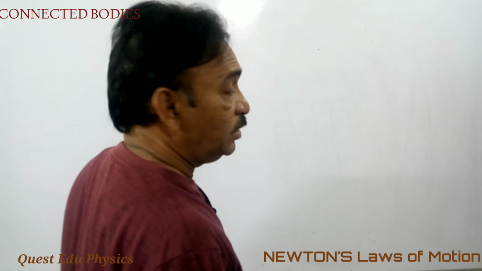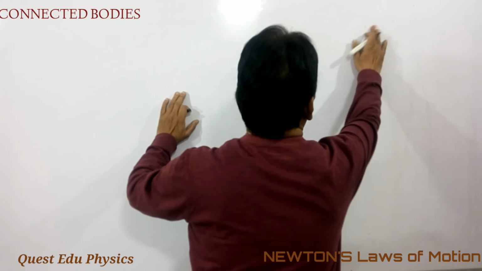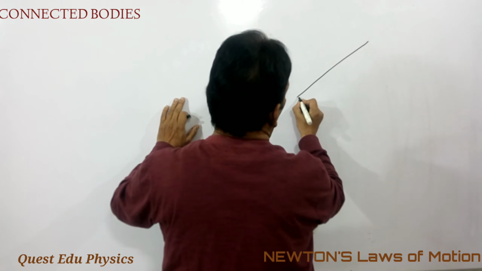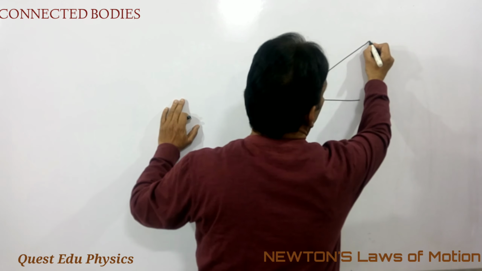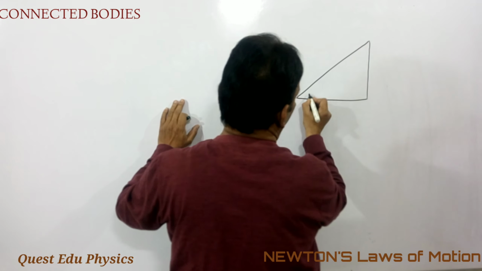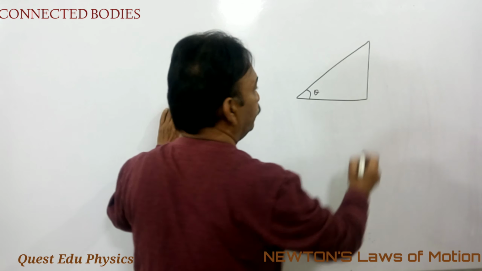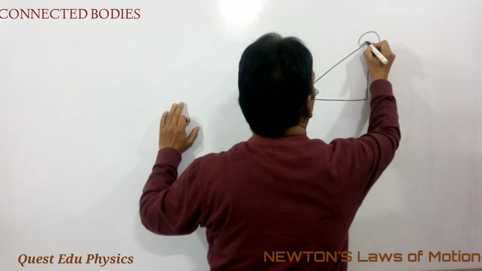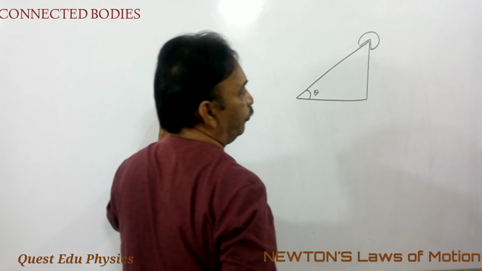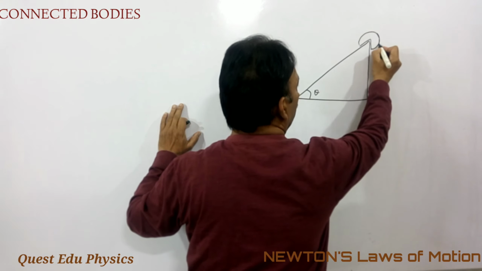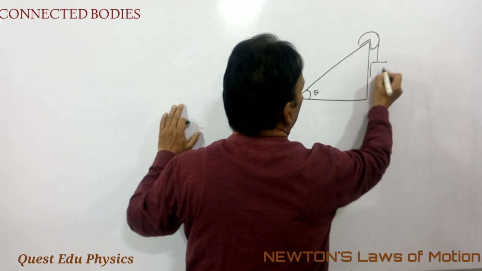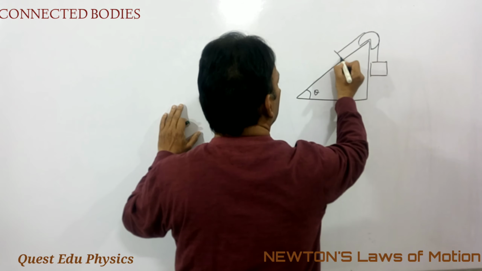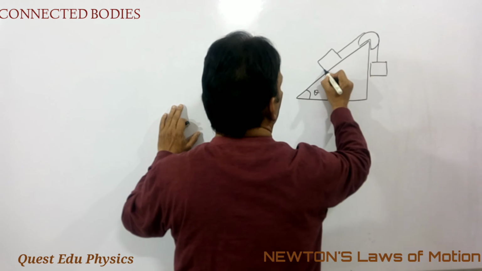It might be asked like this. Here it is related to wedges, and we are using immovable pulleys. Let's say it's a wedge of inclination theta, and we connected a pulley over this. A string is moving over it, the string is inextensible and massless.